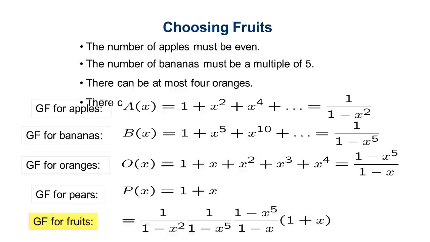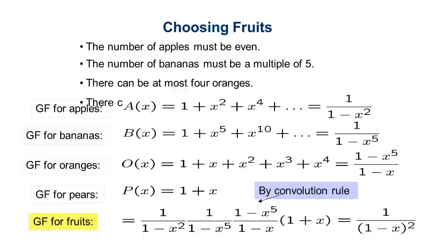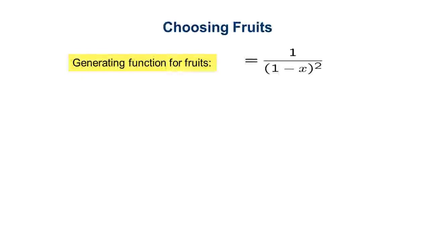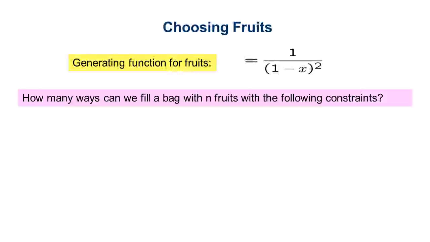Now the generating functions for fruits will be multiplied. All this we get 1 divided by (1 minus x) whole square by the convolution rule. The generating function of fruits is 1 divided by (1 minus x) whole square.